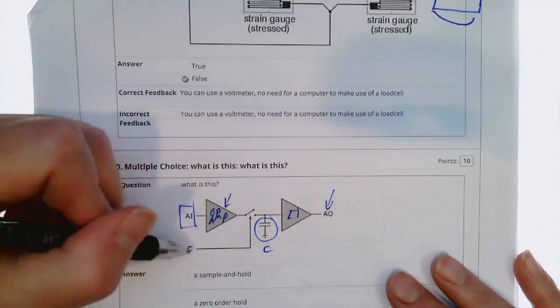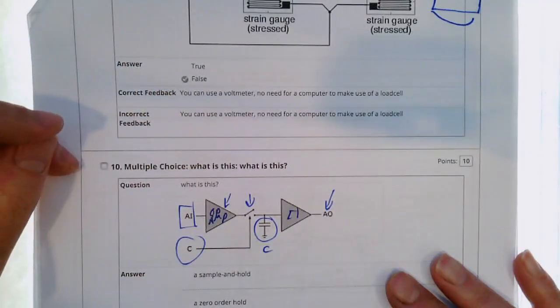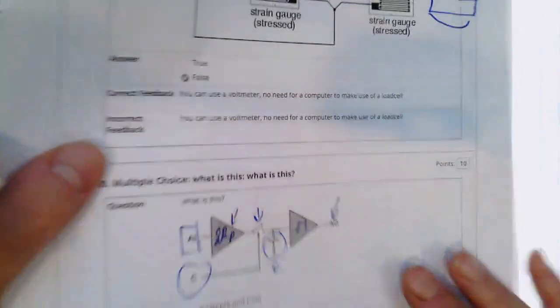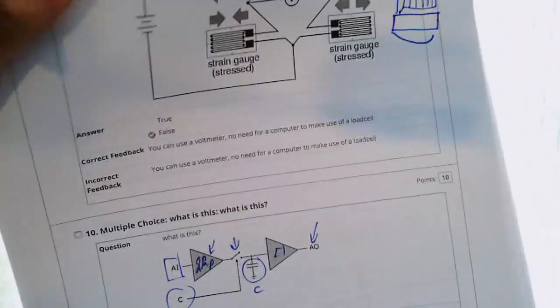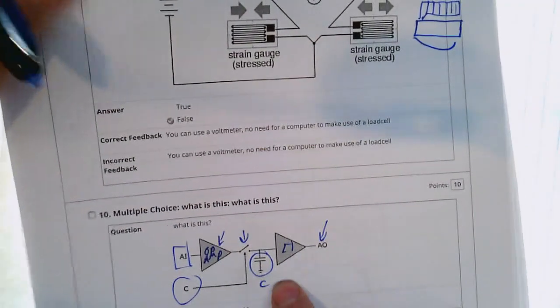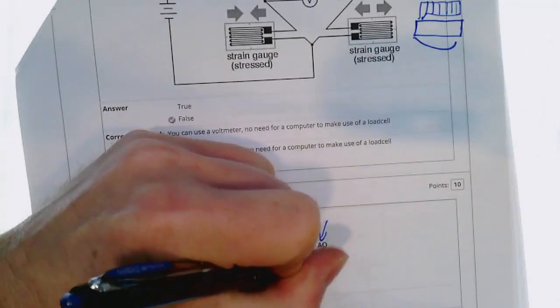And this little doodad right in here turns on and off the sampling. So if you go back over here, that's the sample and hold. Your sample and hold from your successive approximation analog to digital converter is right here. And this is called a zero order sample and hold.